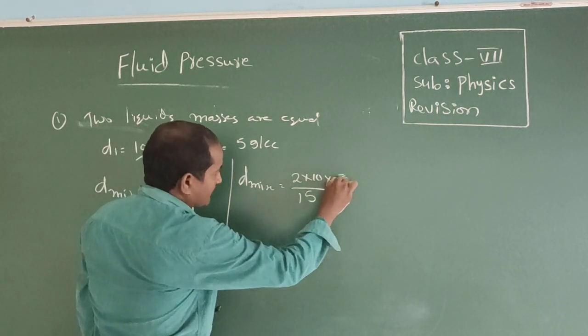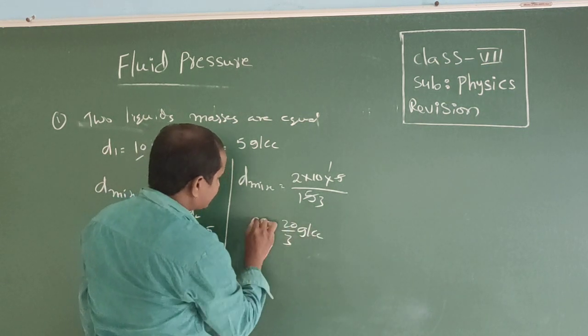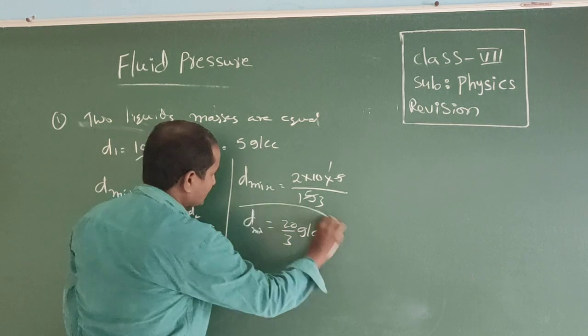So the density of the mixture equals 2 into 10 into 5 by 15. 5 ones are 5, 5 threes are 15, that equals 20 by 3, about 6.67 gram per cc. It is the density of the mixture.